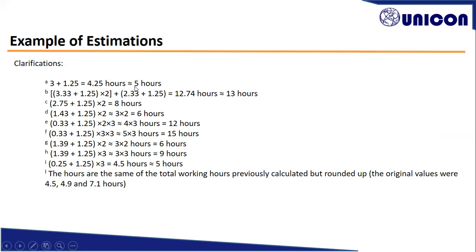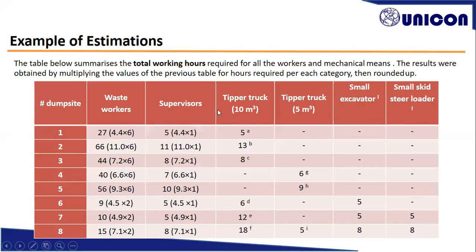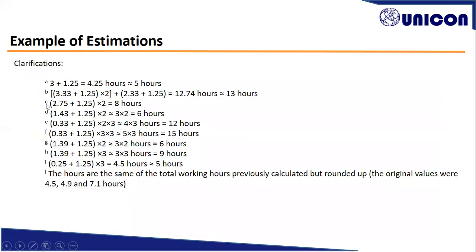Then this value was rounded up. Here you can find more details for each tipper truck related to each dump site, just looking, for example, at letter A, B, C, and so on.